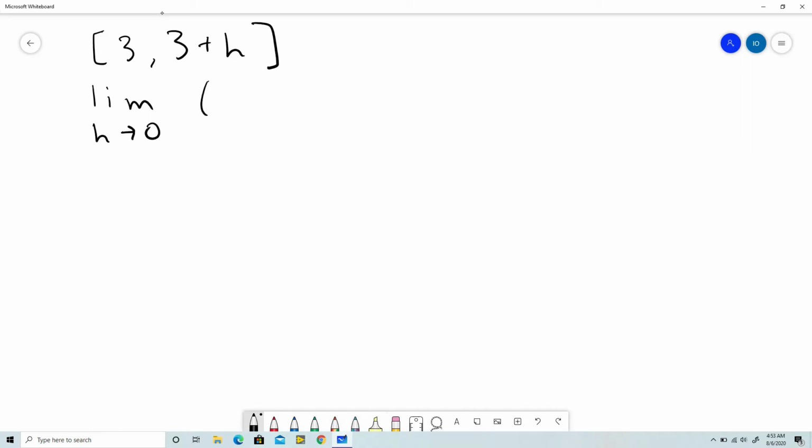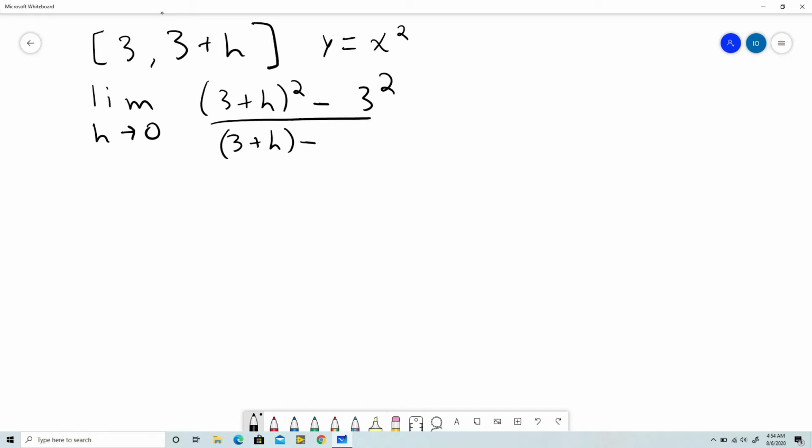You would do 3 plus h squared, because the function we're working with is y equals x squared, so you grab the 3 plus h and put that into x squared. And then you do 3 squared. This is your y2, this is your y1, and then simply 3 plus h minus 3, which represents your x2 and x1.